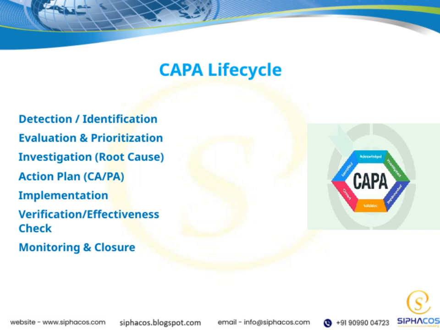Once done, we perform a verification or effectiveness check to confirm that the solution actually works and the issue is resolved. Finally, we move into monitoring and closure, where we keep an eye on the process to ensure the problem stays solved and formally close the CAPA. This life cycle is a continuous loop that helps us improve our processes systematically and sustain quality over time.